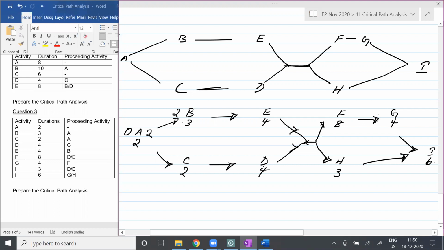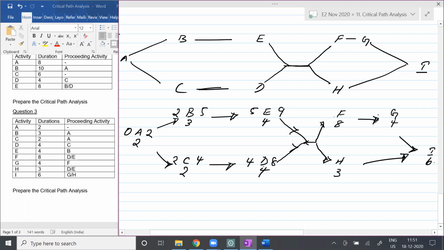So for B, the early start is 2. 2 plus 3 is how much? 5. For C also 2. 2 plus 2 is how much? 4. So here it's going to be 5, here it's going to be 4. So 5 plus 4 is how much? 9. And 4 plus 4 is how much? 8. Any questions there?